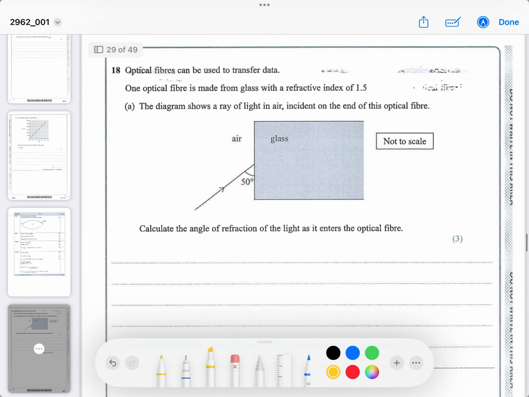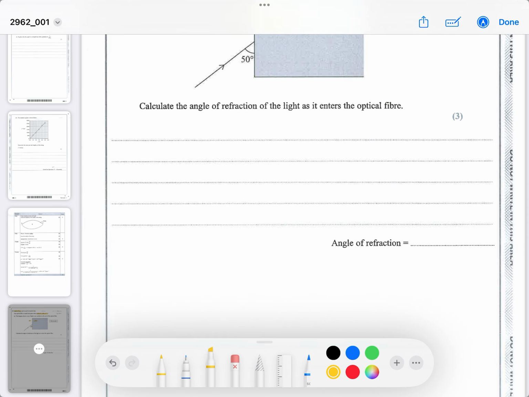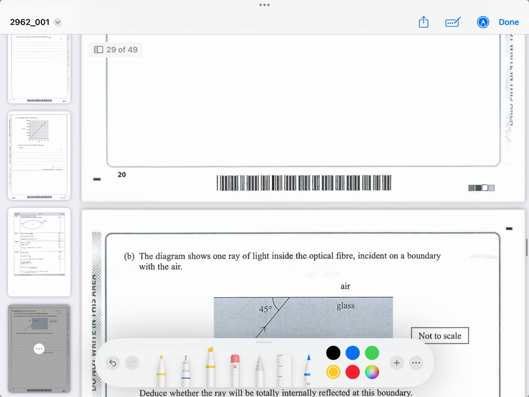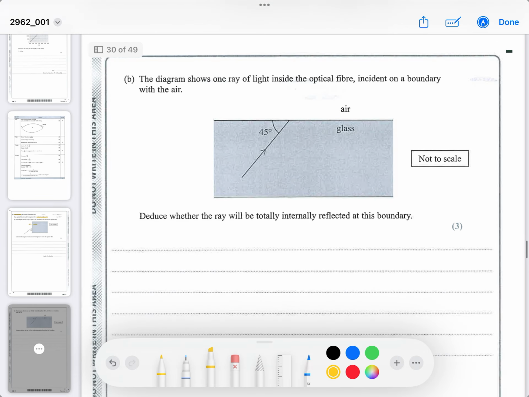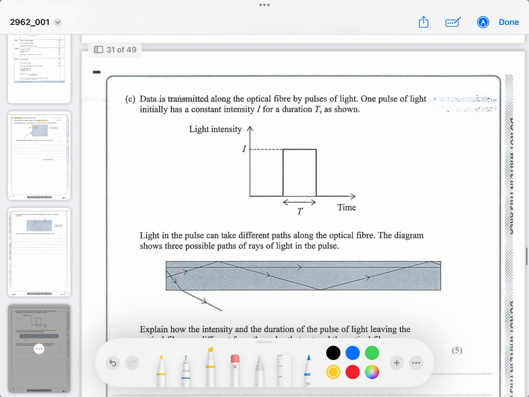Okay, question 18 is also about waves, fiber optics, refractive indices, and something between air and glass, not drawn to scale. Yeah, so I will go through this in the next run through. I'm just having a look at it while I'm flicking through it with you. Yeah, so it's a part C as well.